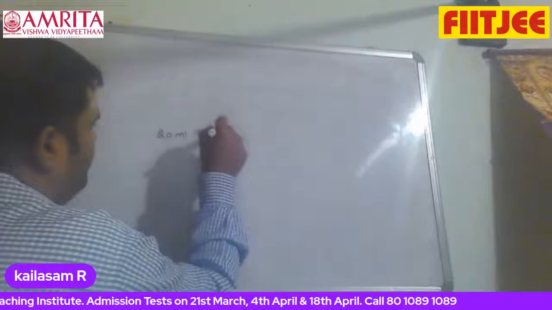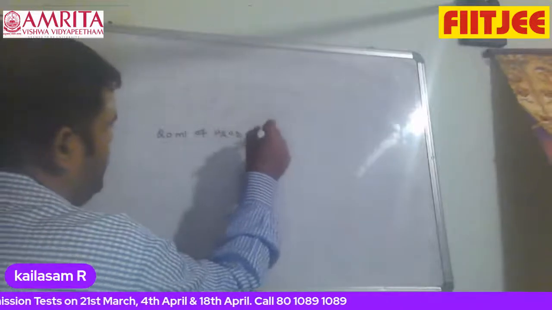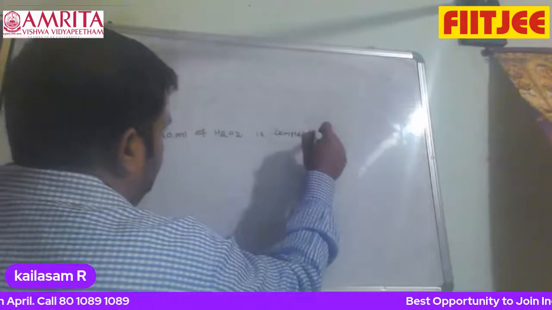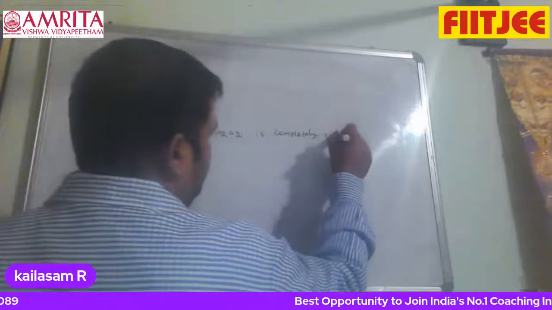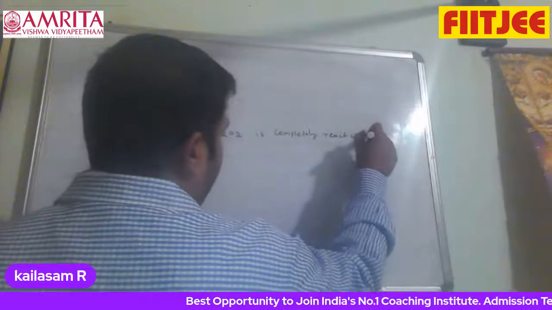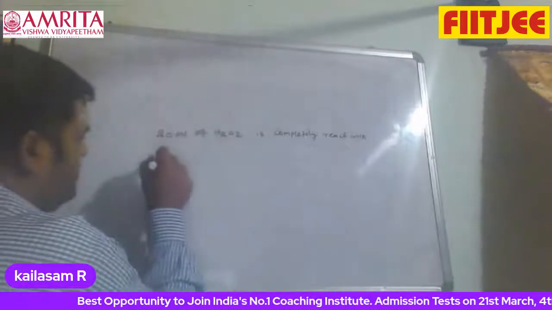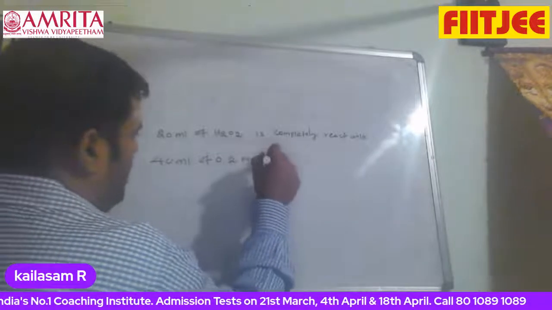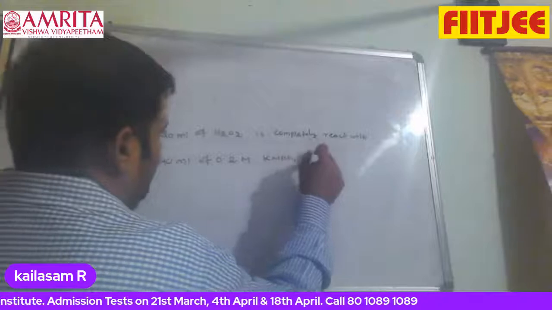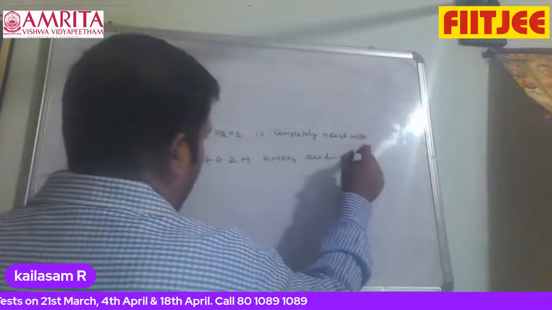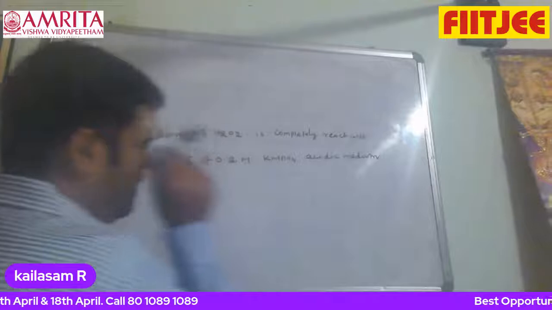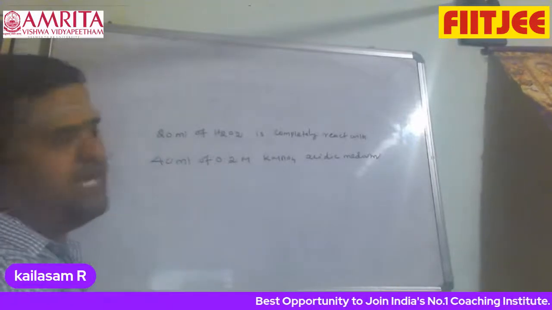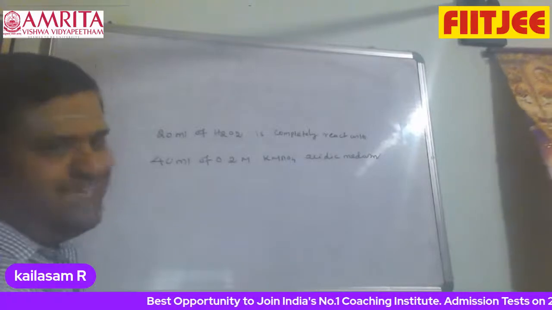20 ml of hydrogen peroxide is completely reacted with 40 ml of 0.2 molar KMnO4 in acidic medium.